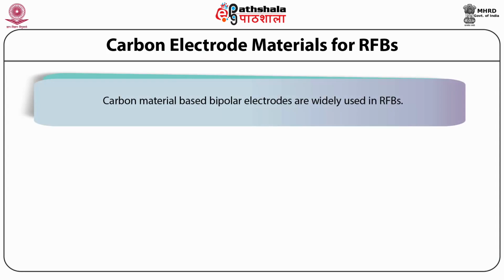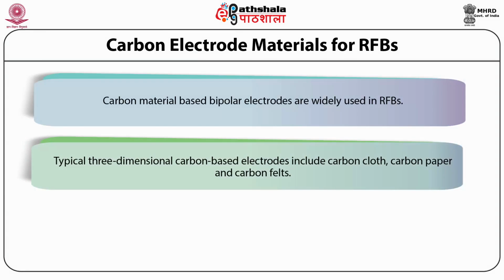Carbon material based bipolar electrodes are widely used in RFBs. In the past 2 decades, several carbon-based materials of different forms, including 2 and 3-dimensional electrodes, have been studied. Typical 3-dimensional carbon-based electrodes include carbon cloth, carbon paper, and carbon felts.